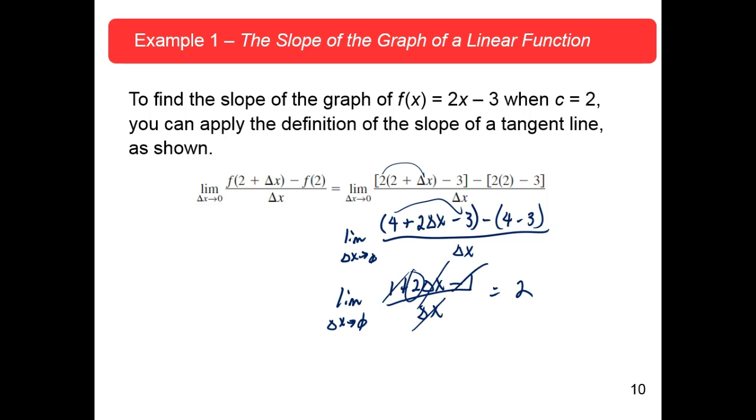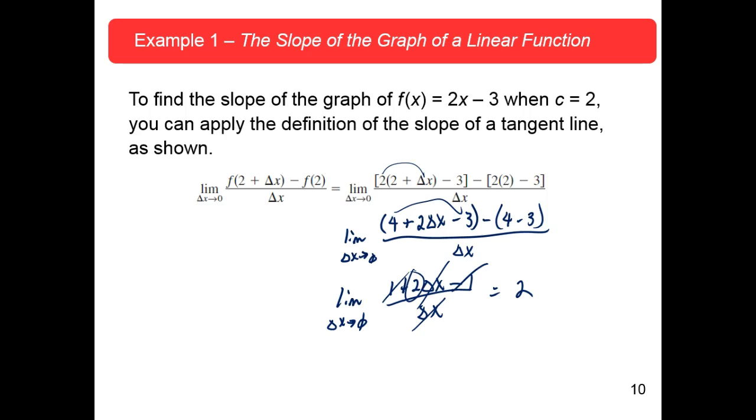Are you sure it's not just going to be delta x left? Why didn't you get 2 delta x? Would it not just be 2? Okay. So right up here, 2 times 2 is 4. 2 times delta x is 2 delta x.